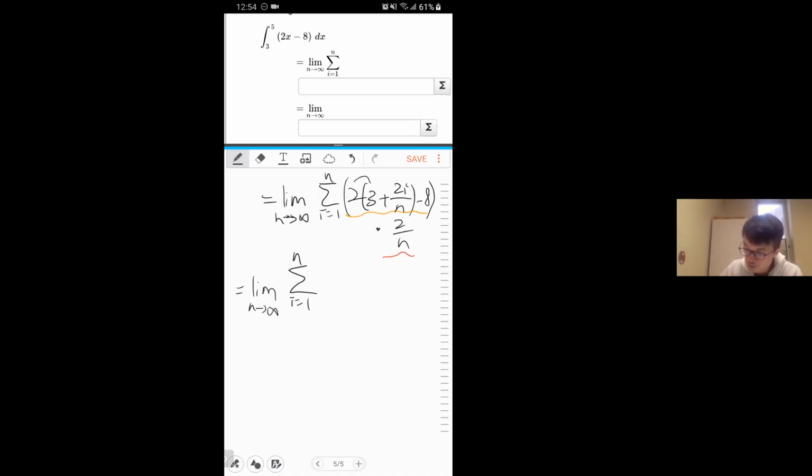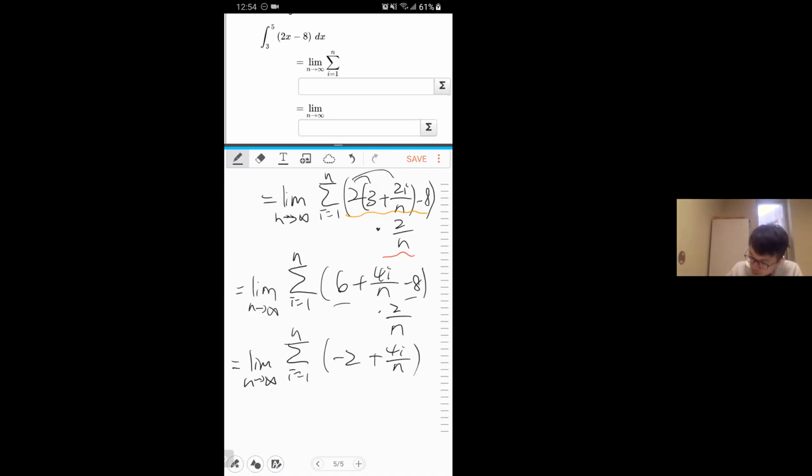So distribute the 2, you get 6 plus 4i over n minus 8, times 2 over n. And then you have 6 minus 8, which is negative 2, times 2 over n.